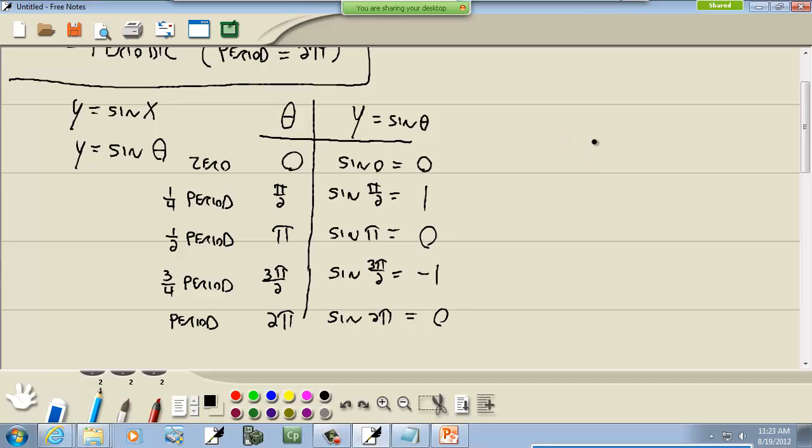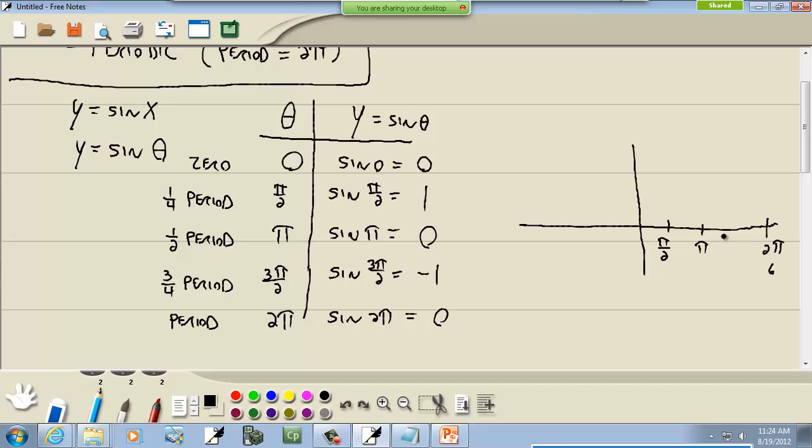Let's graph this. Here's 2 pi, and pi is like 3. So this is 2 times 3, which would be approximately 6. Now here's pi.